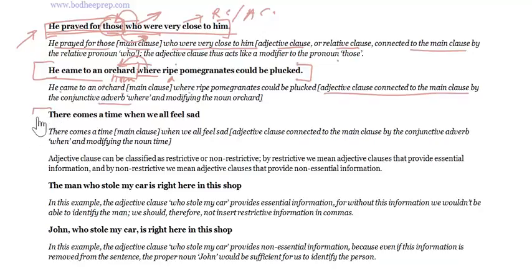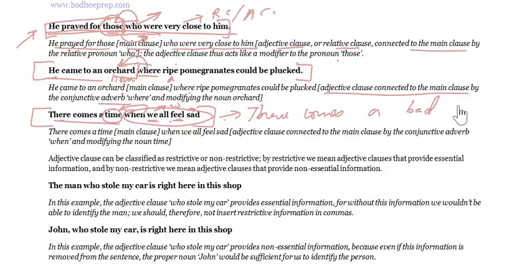Then we have the third one. There comes a time when we all feel sad. Time is the noun, and this noun is further getting modified by a clause. Why? Because we have the subject we and feel is the verb. You could also have said, there comes a bad time.